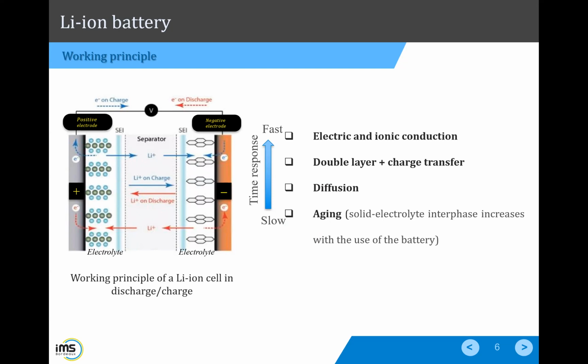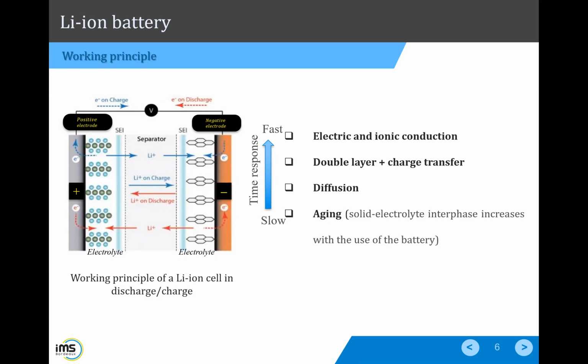In the case of the discharge, the ions go through the electrolyte from the negative electrode to the positive electrode, and the electrons go through the external electrical circuit. In the case of the charge, the same reaction happens, but the transfer goes from the positive electrode to the negative electrode.